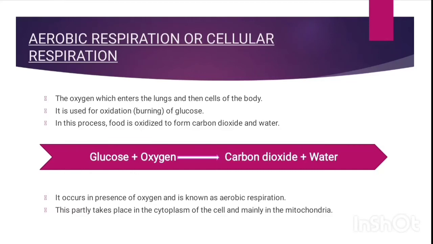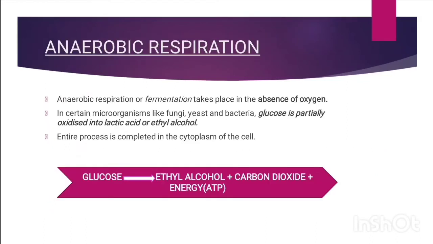So here is the chemical reaction which occurs. Glucose, when combined with oxygen, yields carbon dioxide plus water. It occurs in the presence of oxygen and is known as aerobic respiration. This partly takes place in the cytoplasm of the cell and mainly in the mitochondria.